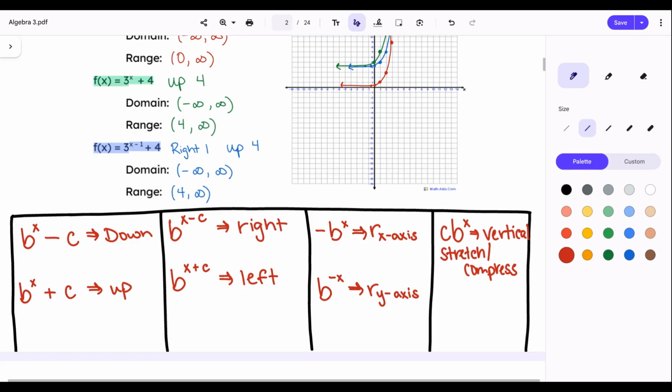If it looks like this, where you have the number in front of the x, so something times the x, this is going to be a horizontal stretch or compress.